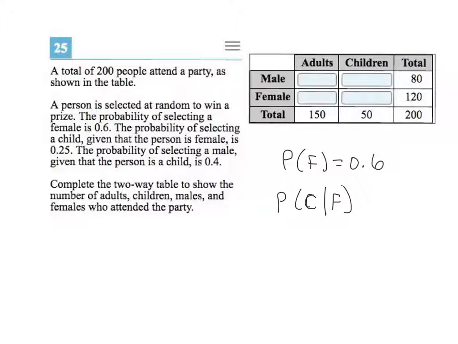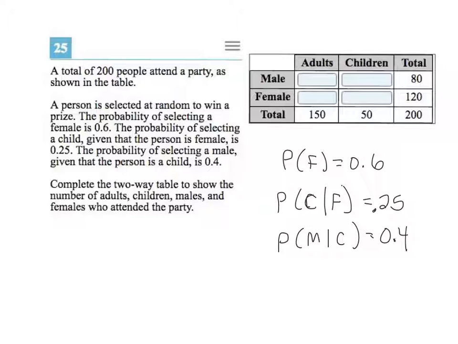What's the probability that they're a child? It's 25%. And the probability of selecting a male given the person is a child is 40%. So we want to fill out this table to show the number of adults, children, males, and females who attended the party.